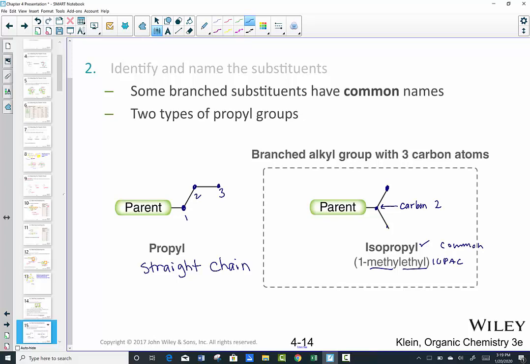Iso is part of the name. It is not separated by a hyphen, just simply isopropyl. Here I could have a 4-carbon chain, or maybe I'll say 5-carbon chain, whatever, off of the middle carbon.